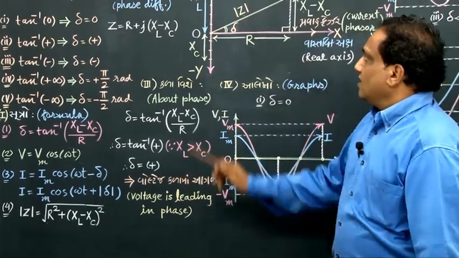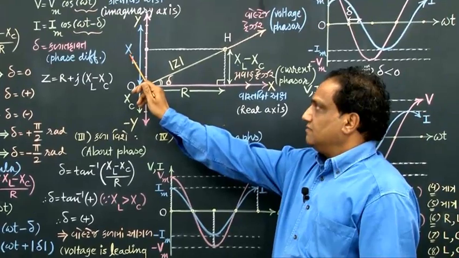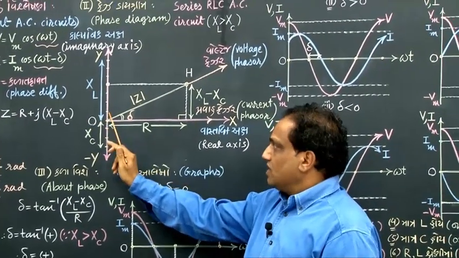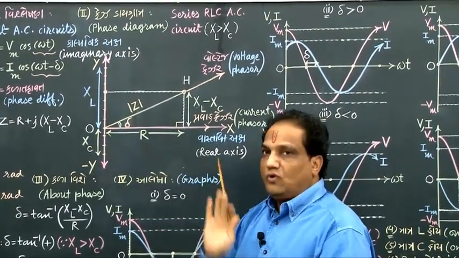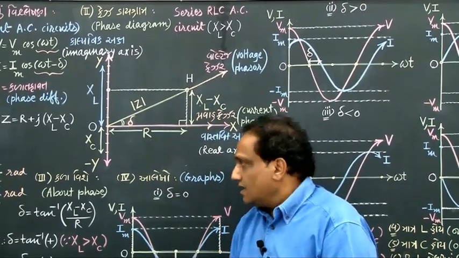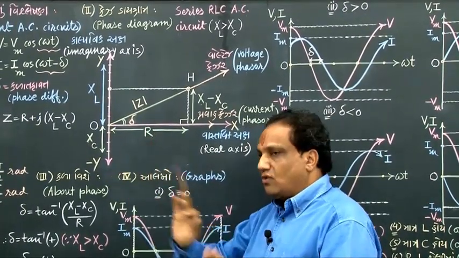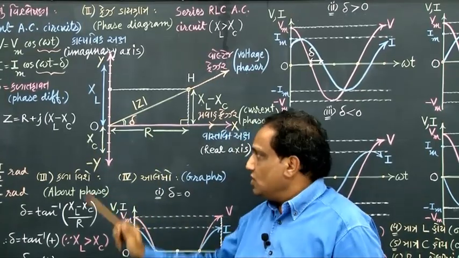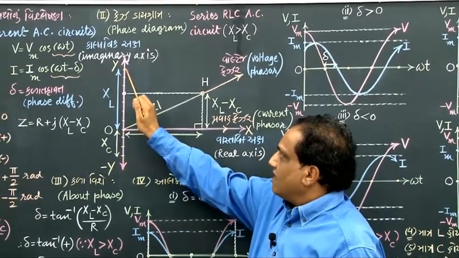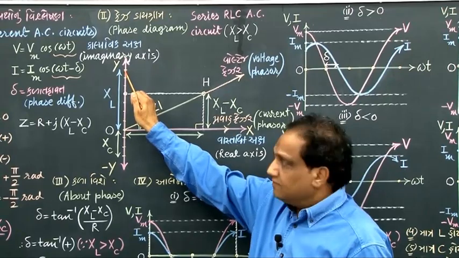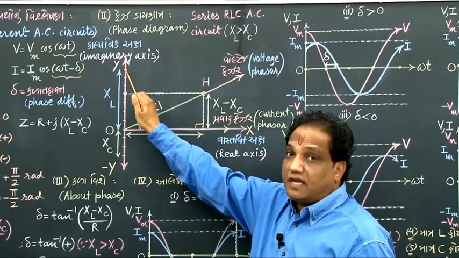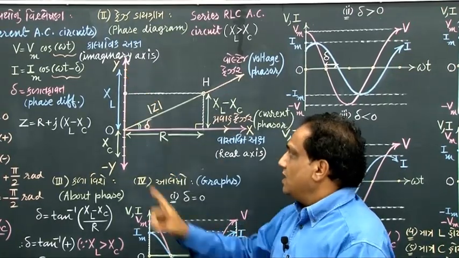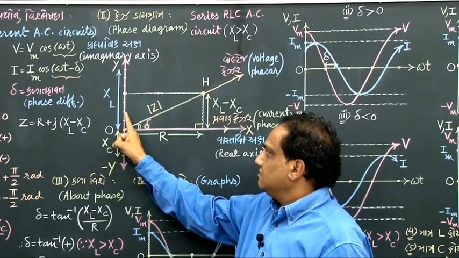And tell me, when only inductor is there, you must show only XL. Correct? Resistance and capacitor are not there, so don't show R, don't show XC. You show only XL. And wherever the value of XL gets over, at the same point you may write capital H, and then you can extend ray OH.